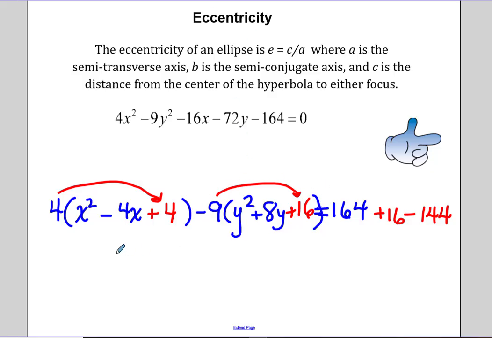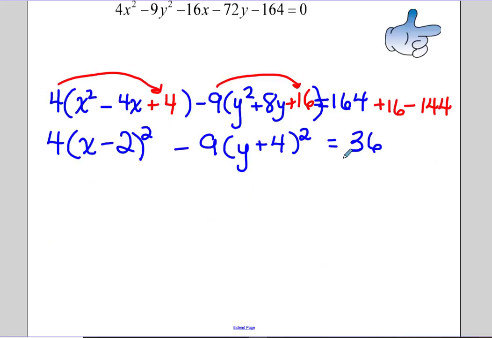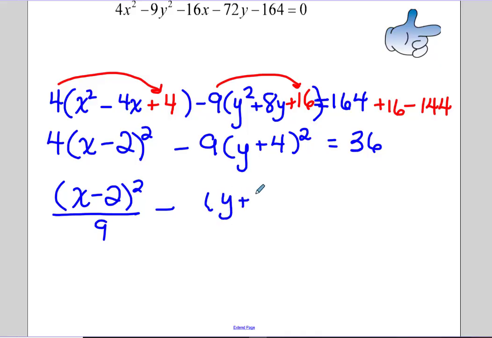Okay, so cleaning that up, you've got (x minus 2) quantity squared and (y plus 4) quantity squared, and 164 minus 144 plus 16 looks like we are left with 36. And then dividing every term by 36, 4 divides 36 evenly 9 times, and 9 divides 36 evenly 4 times.